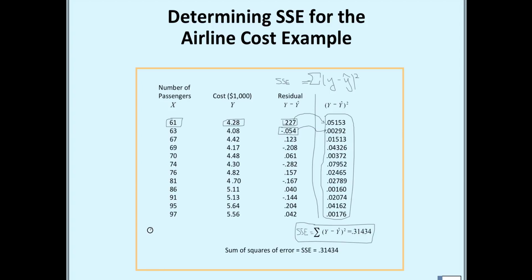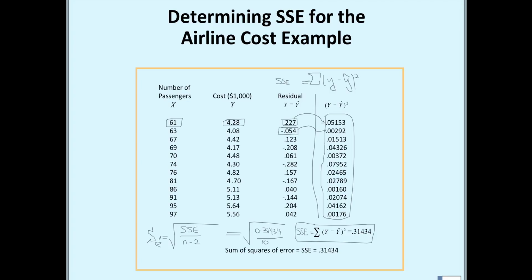How do we find SE, which is the standard error? Standard error was the square root of SSE divided by n minus 2. What was n? n was 12. We had 12 observations. So SE would become the square root of 0.31434 divided by 10.